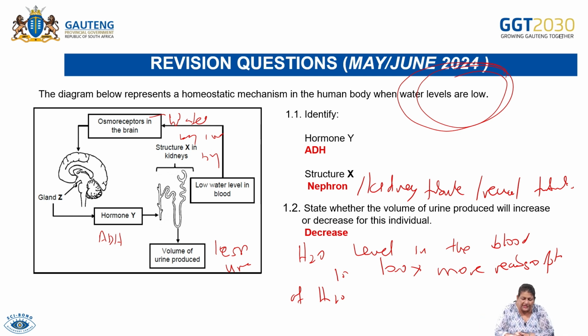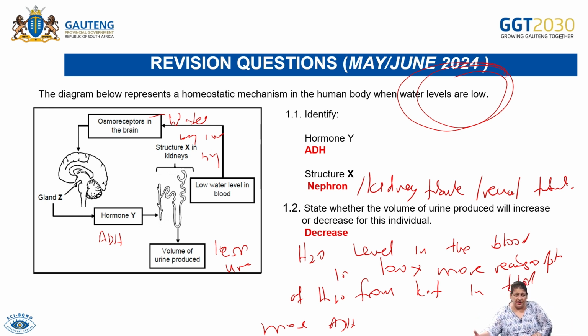So more water is going to be reabsorbed from the kidney tubules into the blood. How does it do it? More ADH will be released, and it's going to make the kidney tubules more permeable, so more water gets reabsorbed. So less water in the urine, more water was reabsorbed.